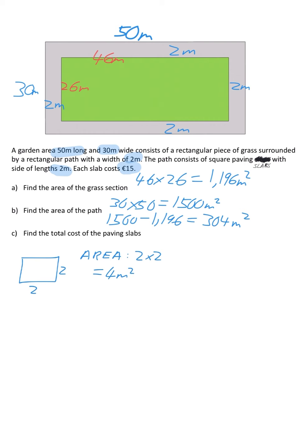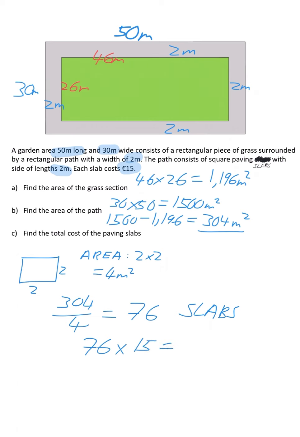And we already worked out that the area of the path is 304 meters squared. So 304 divided by 4 is 76. So 76 slabs are needed. And if each slab costs €15, we'll do 76 times 15. And that is going to be €1,140. And that's it.